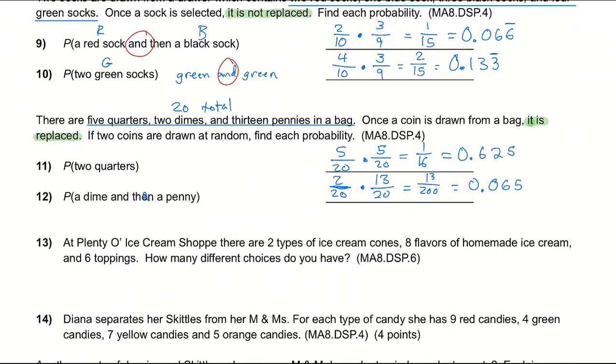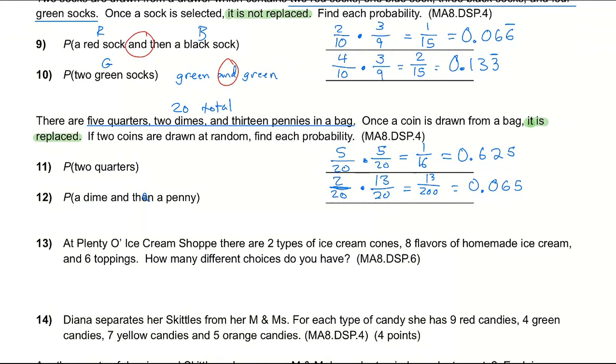Number 13, at Plenty O Ice Cream Shop, there are 2 types of ice cream cones, 8 flavors of homemade ice cream, and 6 toppings. How many different choices do you have? Now you can make a tree diagram, and I know you all love making tree diagrams.